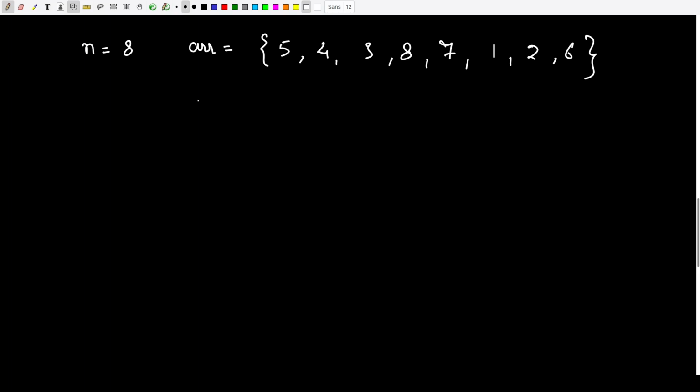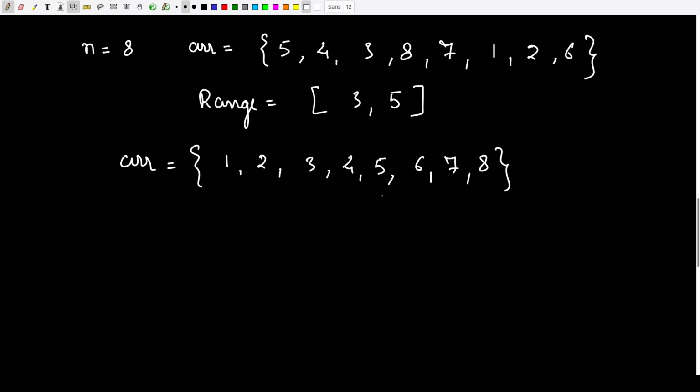So let us try to understand the problem statement with the help of an example. The array given to us has size 8, and the range which is given to us is 3 to 5. So this is one possible way to arrange the array.